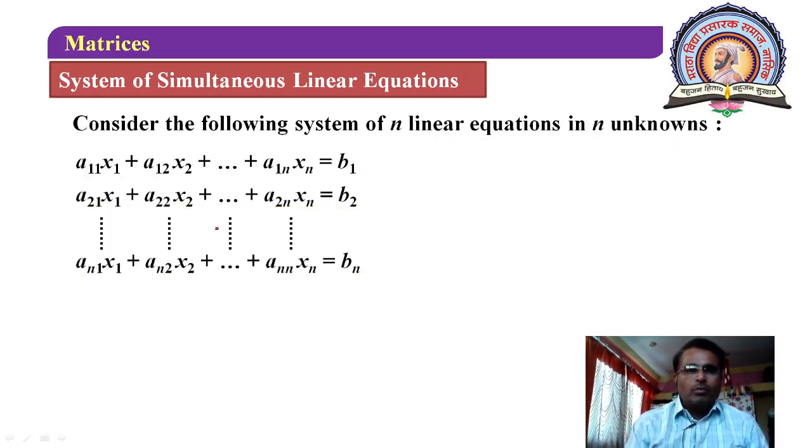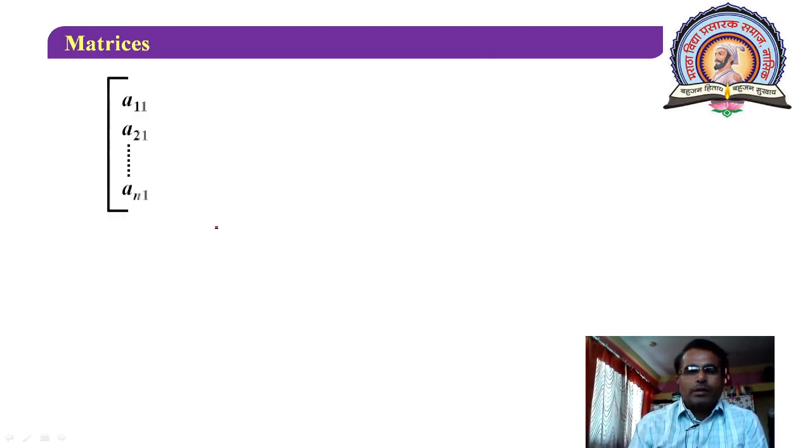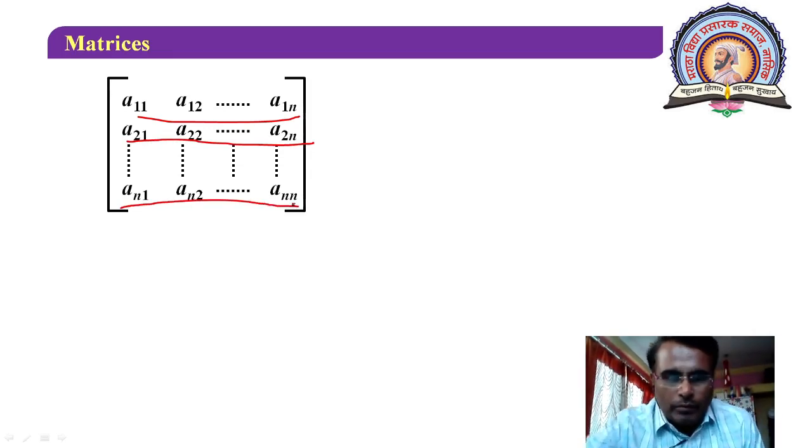We can write this system in matrix form, Ax is equal to B, where A is the matrix of left hand side coefficients. It is an n by n matrix, with a11 a12 up to a1n as the first row, formed from the coefficients of the first equation, then a21 a22 up to a2n, continuing in this way up to an1 an2 up to ann for the nth equation.